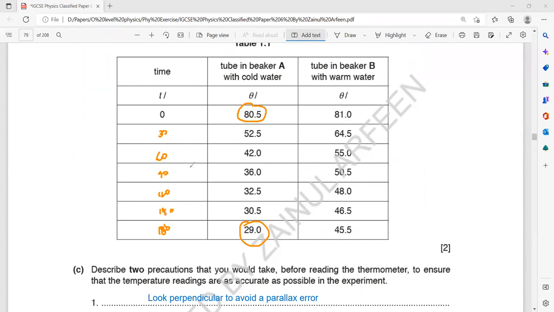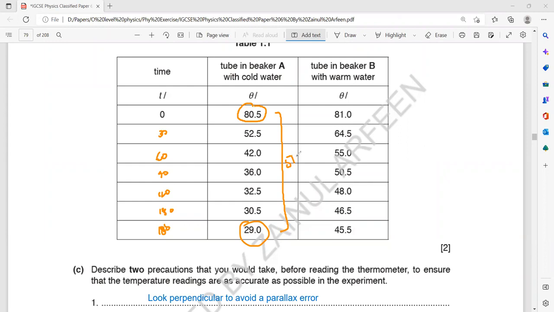Rate is anything like change with reference to time. So how much is the temperature change for beaker A? Initial minus final over time, or you can just compare.